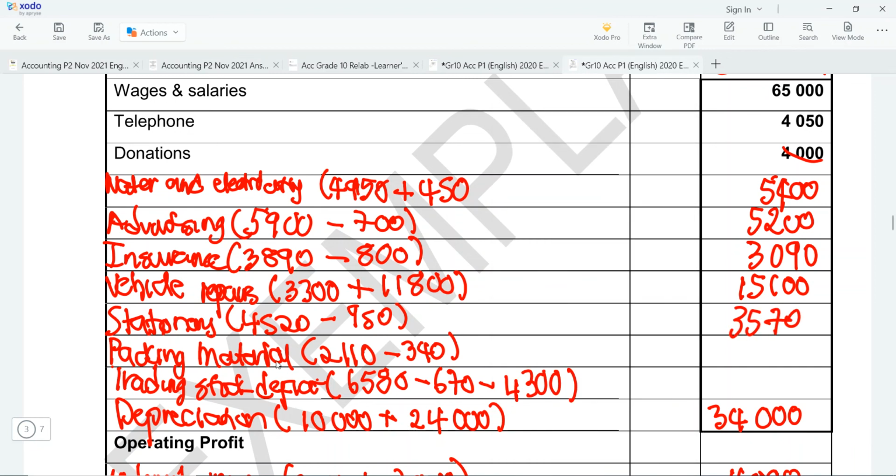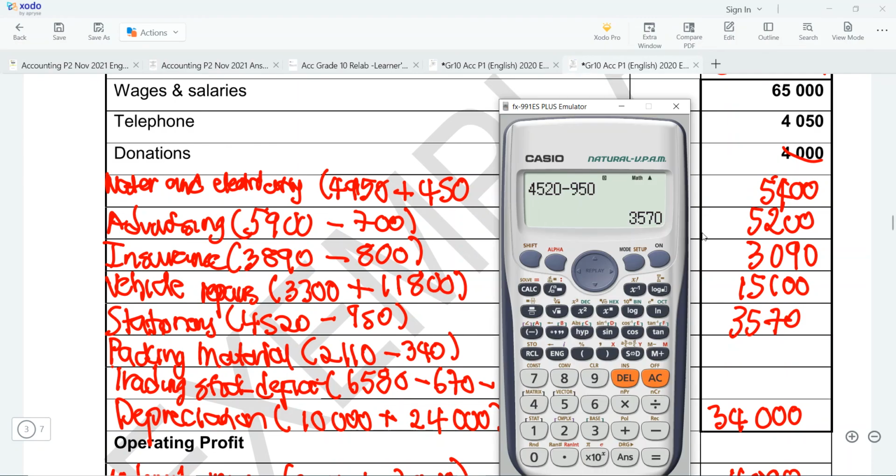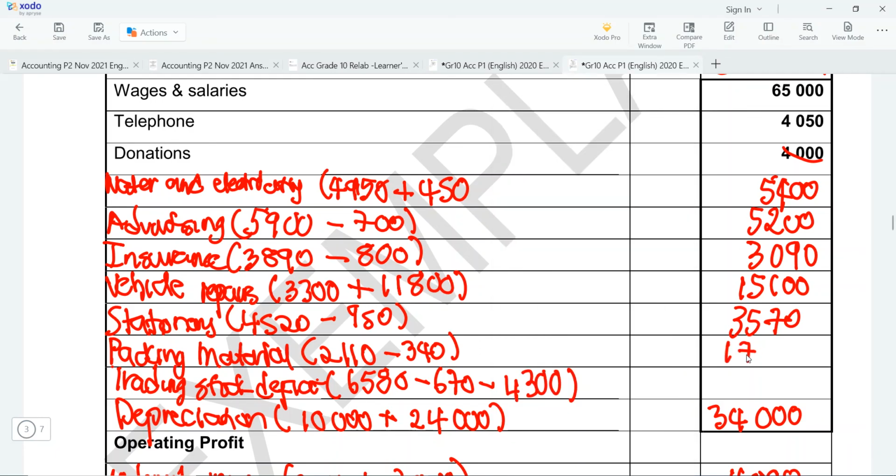And then also 2,110 minus 340 is giving us 1,770.